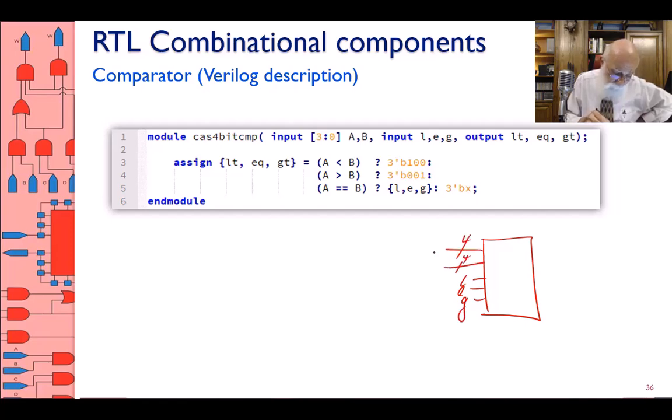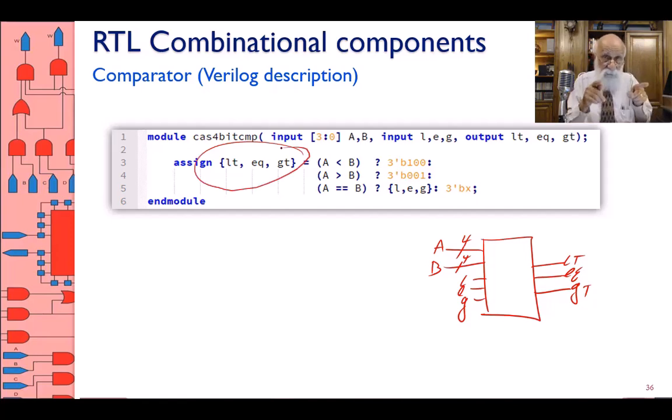I put these in curly brackets, so I make it a 3-bit vector. If A is less than B, since LT is on the left, I put 3'b100, which means LT becomes 1. If A is greater than B, 3'b001, that means GT becomes 1.